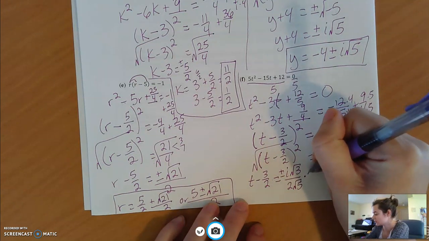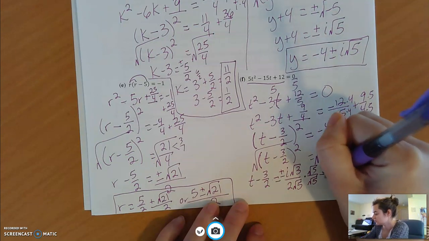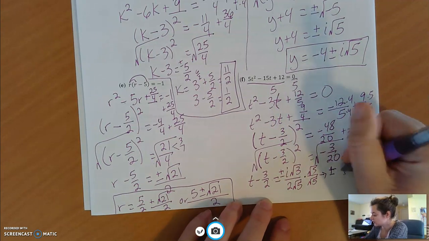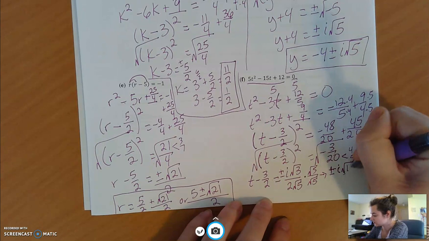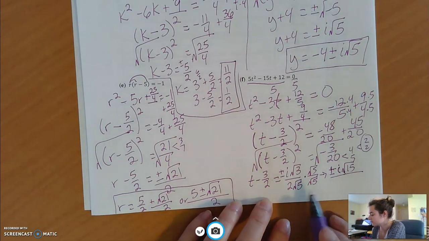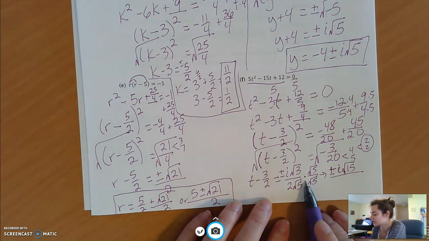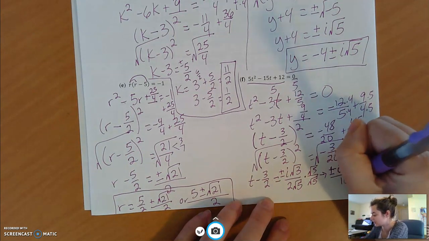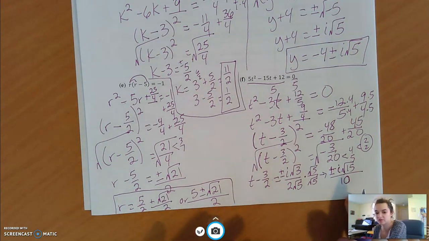So I can multiply by the square root of 5 over square root of 5, which would then give me plus or minus i square root of 3 times 5, which is 15, over, so square root of 5 times square root of 5 would be square root of 25, which is 5, and I'm going to take that 5 that I get here, multiply by the 2 on the outside, and get 10 in the denominator. Okay, so now that's all simplified, thankfully.